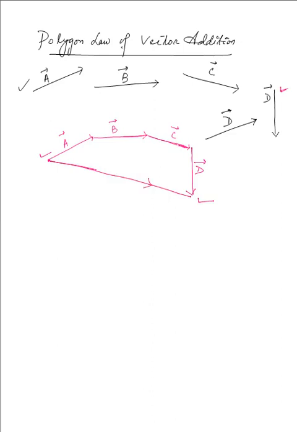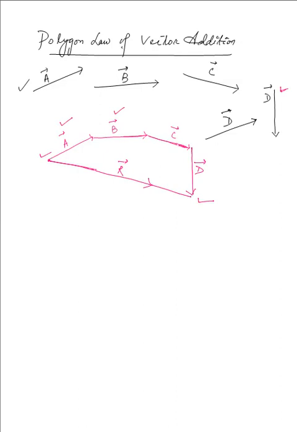This gives the resultant. Now, in order to prove that this is correct, let us use the triangle law of vector addition. If you see, we have two vectors, let us assume this A vector and the B vector in the first place. As you know, A is terminating at a certain point.